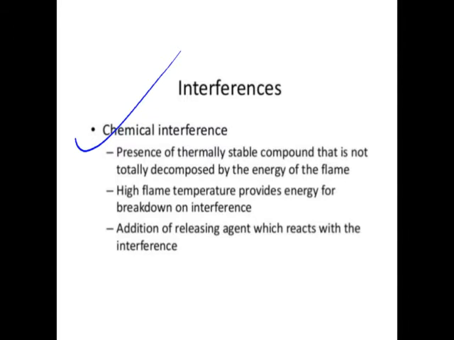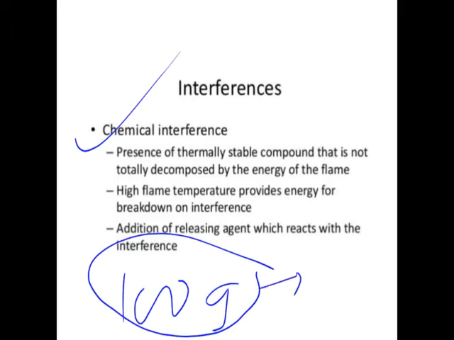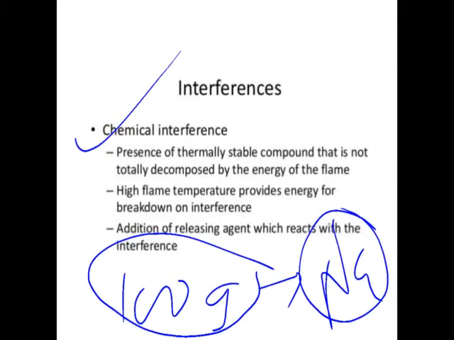Sometimes the presence of a thermally stable compound means it is not totally decomposed by the energy of the flame. If that happens, chemically it interferes with the substance to be determined. Suppose 100 gram of sodium is there, and we have to determine its concentration, though we don't know it is 100 gram.